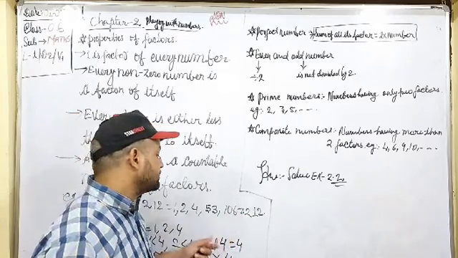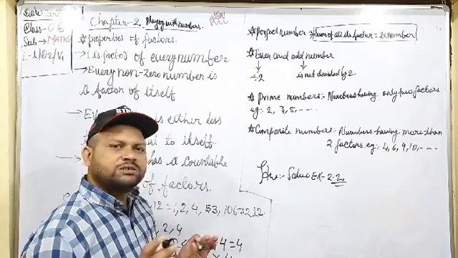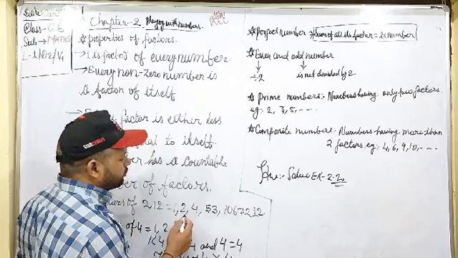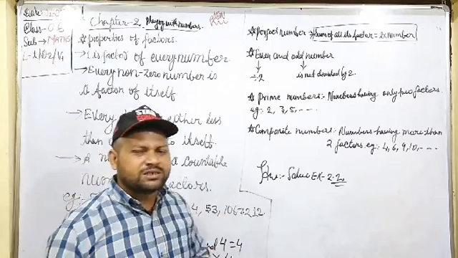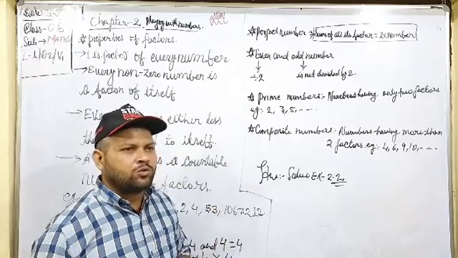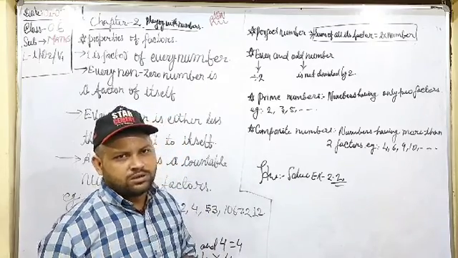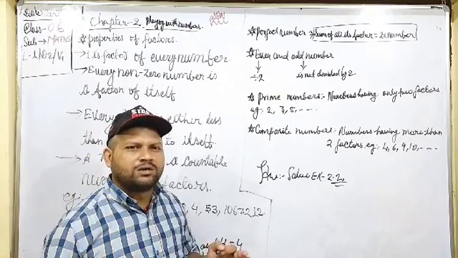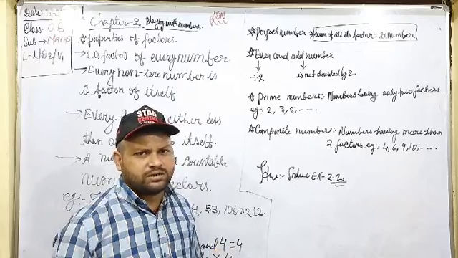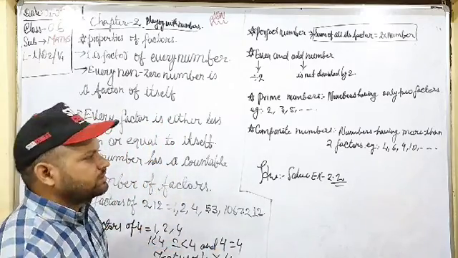These are the factors, and the number of factors is countable. Here 1, 2, 3, 4, 5 and 6. So we can say that there are no more than 6 factors for 212. Unlike multiples, it does not have an uncountable number of factors. Understood? So these are the properties of factors.